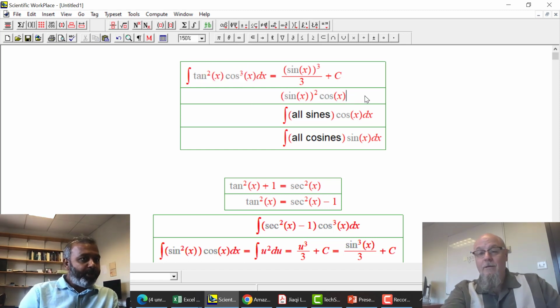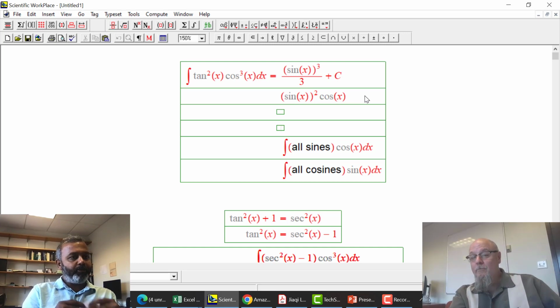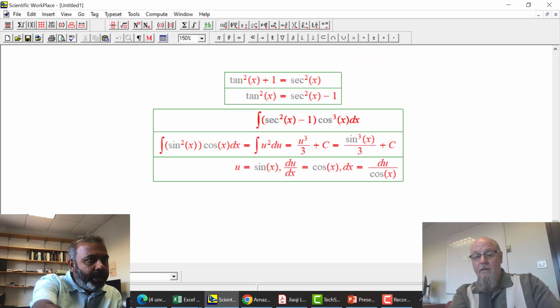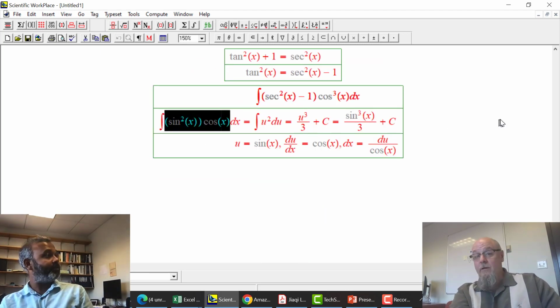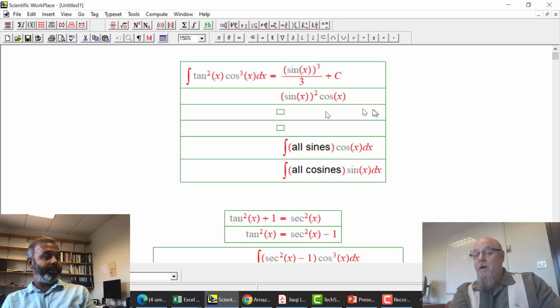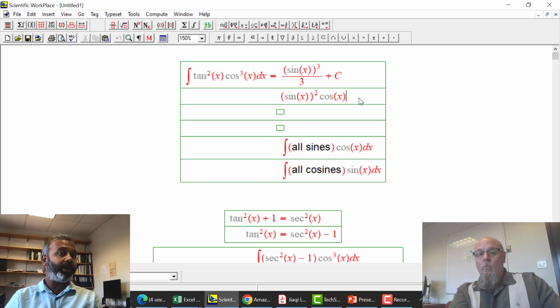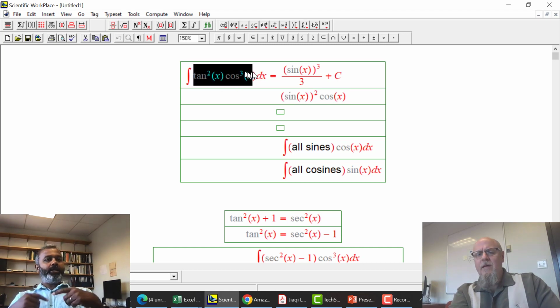However, if you look at the integrand we did towards the bottom there, it was that. So our integration is correct. But how would we turn this back into the integrand?